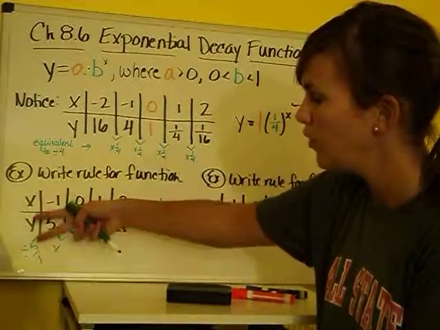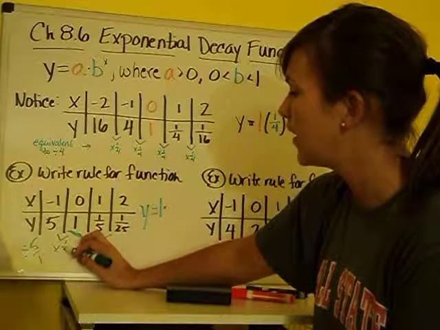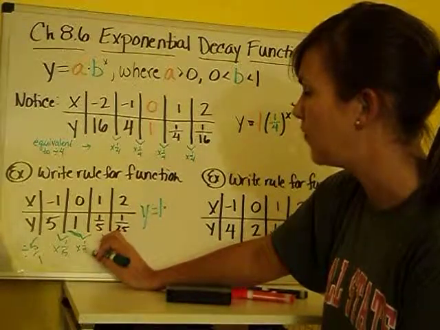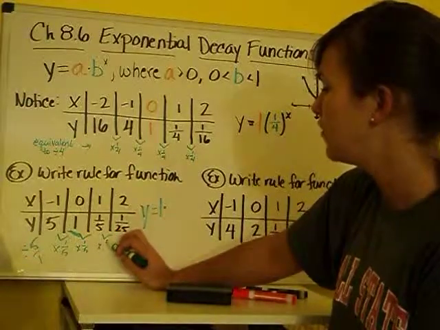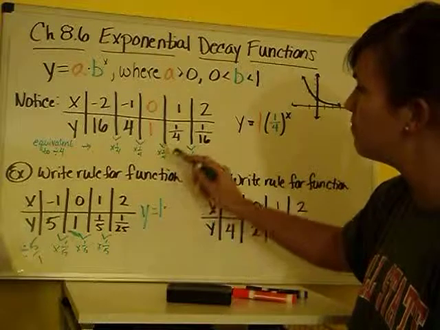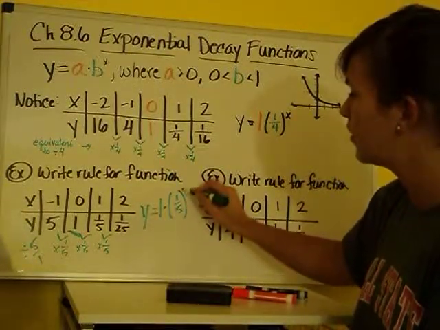Reciprocal, we swap our numerator and denominator, so that's going to be multiplying by 1/5. 1 to 1/5 is multiplying by 1/5, and 1/5 to 1/25 is multiplying by 1/5. That is our B. So we're going to have 1/5 to the x.